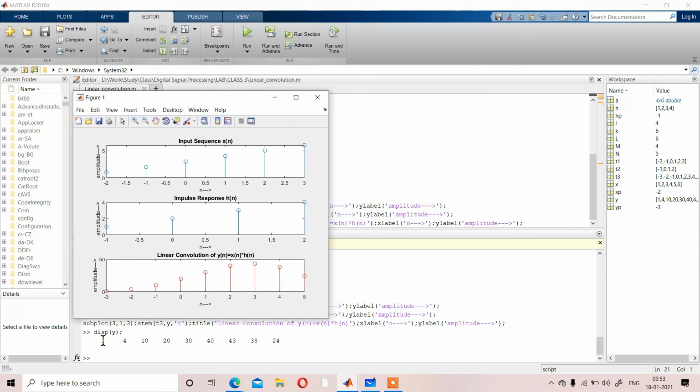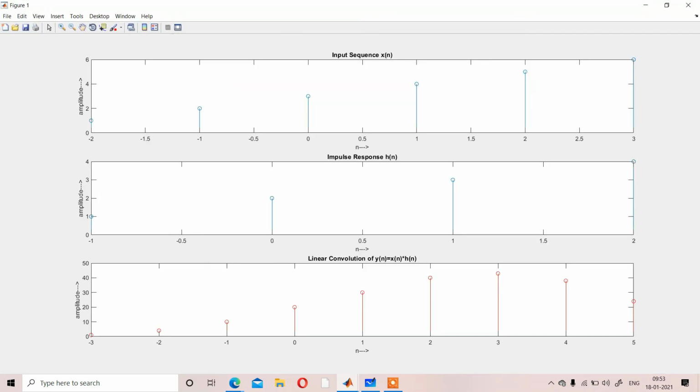So the first value at -3 you will get 1, at -2 you will get 4, at -1 you will get 10, at 0 you will get 20, 1, 30, like that. At 5 you will get 24. So that is your result for linear convolution.